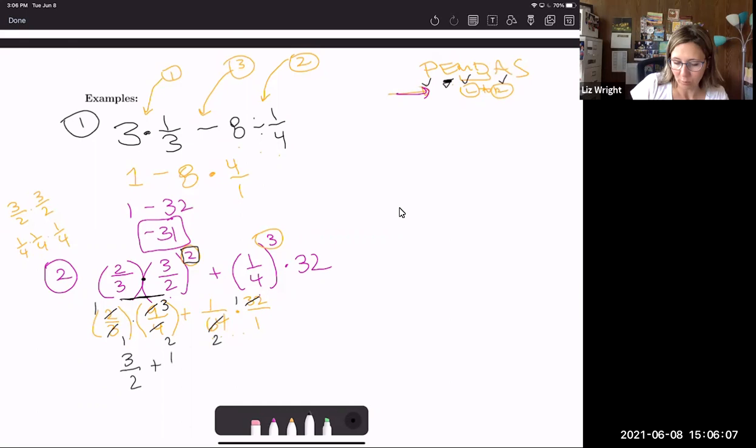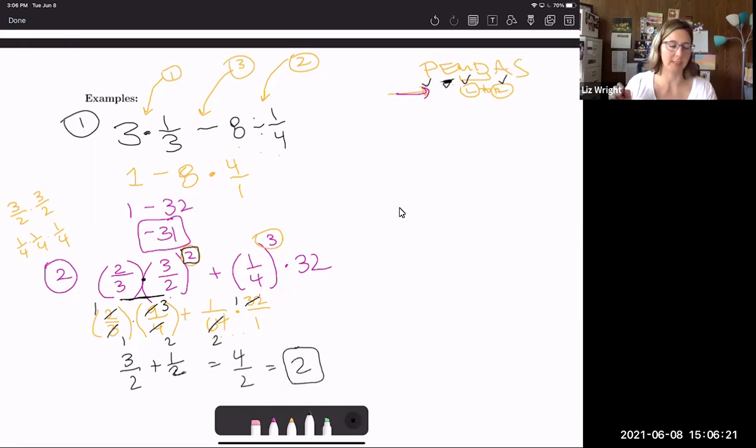So I'm going to have plus 1/2. Oops, I almost wrote 1/4. Oh, I can make that a 2. 1/2. And then we're going to get 4 halves, which results in 2. That worked out nicely. All right, let's try another one.